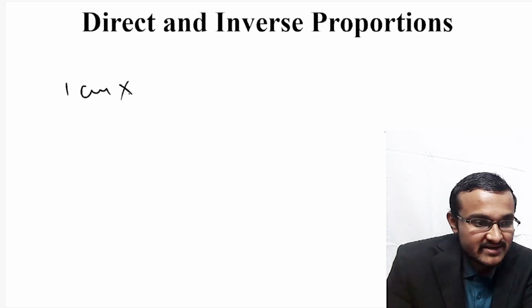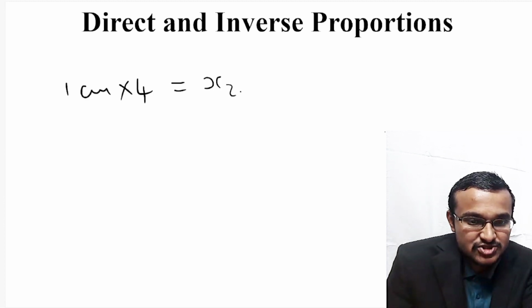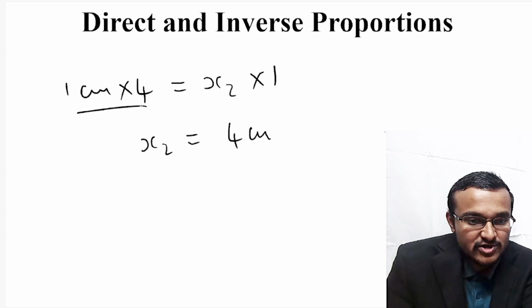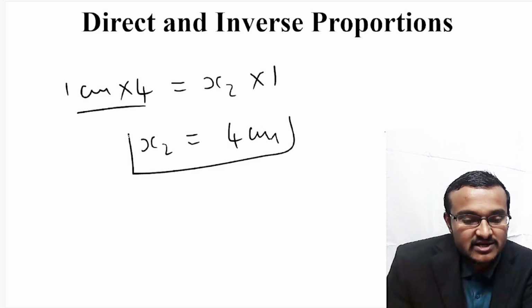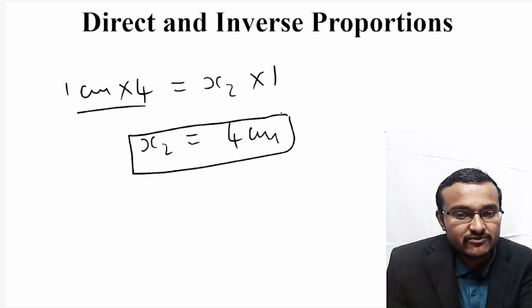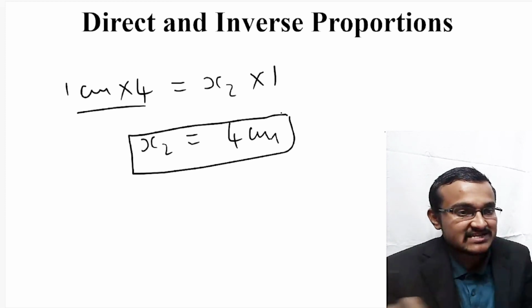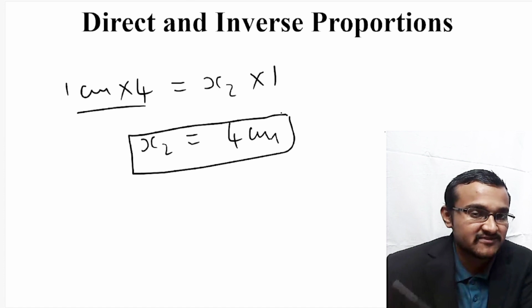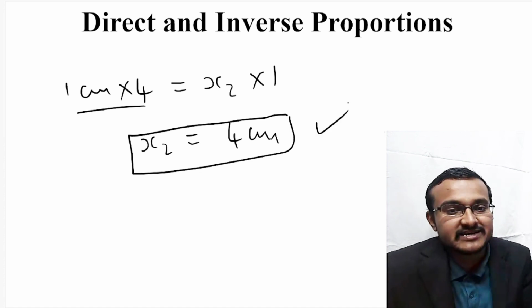So 1 centimeter into 4 will be equal to x2 into 1. So when we do cross multiplication, x2 will be equal to 4 centimeter. So she is covering 4 centimeter on the map when she covers 72 kilometers originally. So the answer for this 8th question will be 4 centimeter.